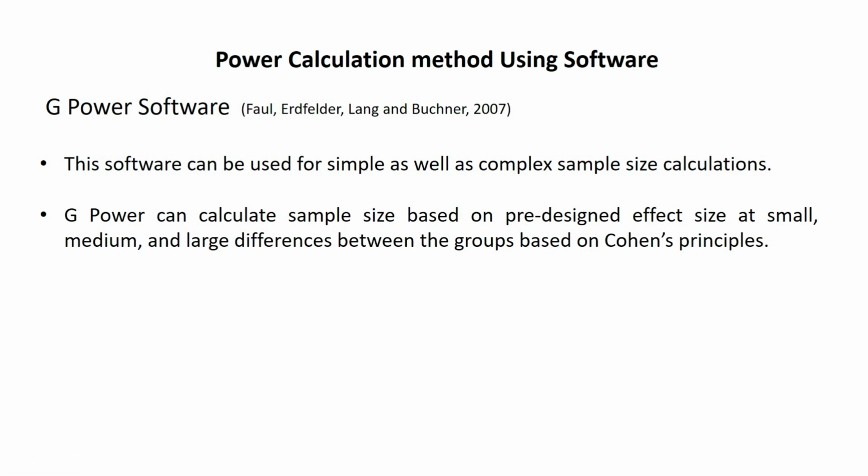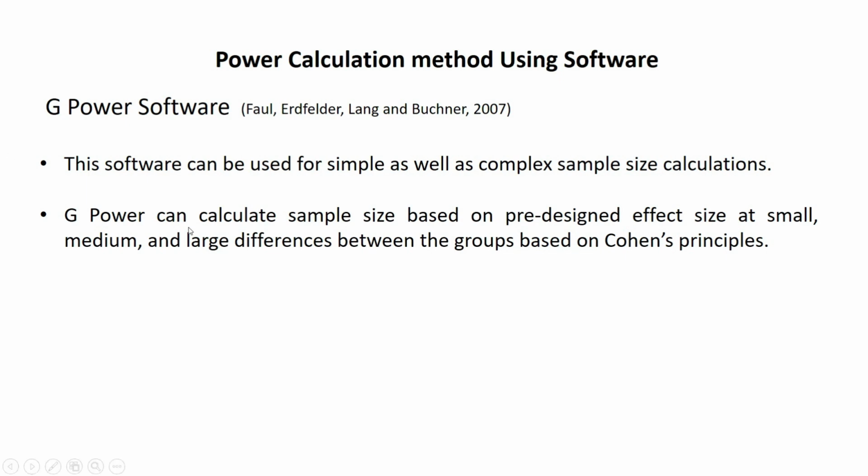We can easily select and calculate the number of animals, whatever we want, with proper justification and availability of past data. You have to play around with the affecting factors and also with the software, the G Power calculation software.